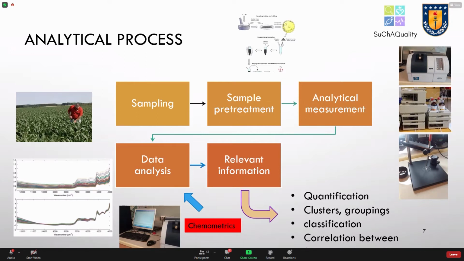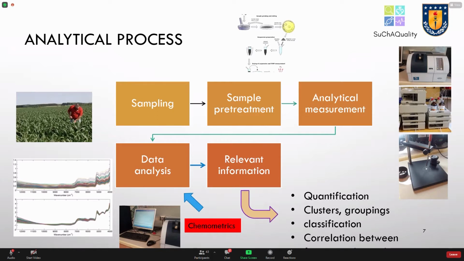So in the sample pretreatment step, for example, we can apply chemometrics methods like experimental design in order to optimize the response of a future analytical measurement.